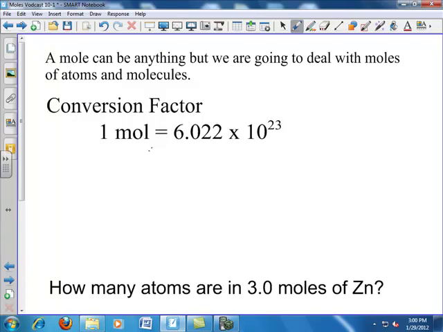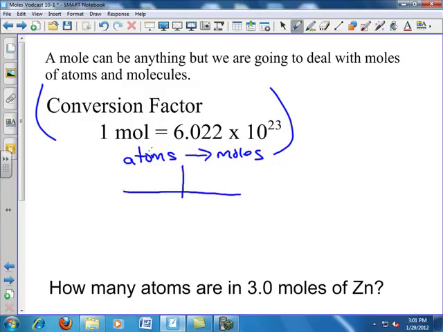So this mole is basically a conversion factor, and what we're going to do is take atoms and convert them to moles. To do this, I am going to have a certain number of atoms, and we're just going to set up a T-box where I have my given number of atoms.